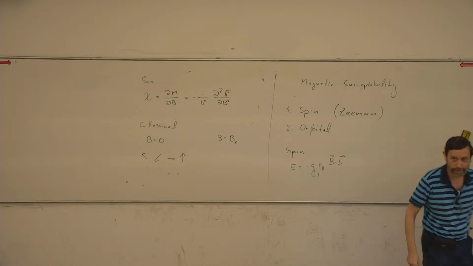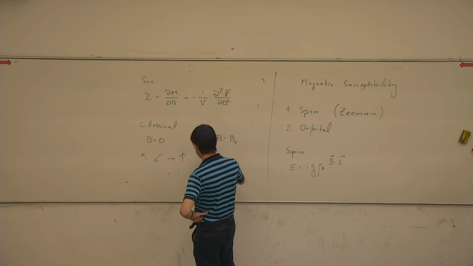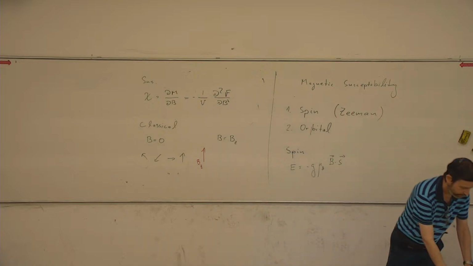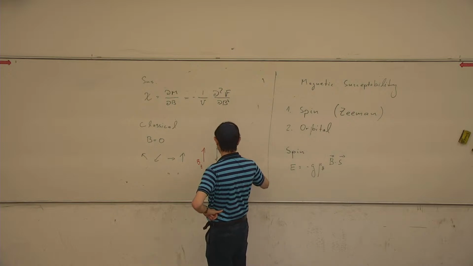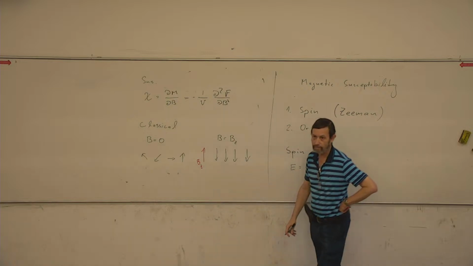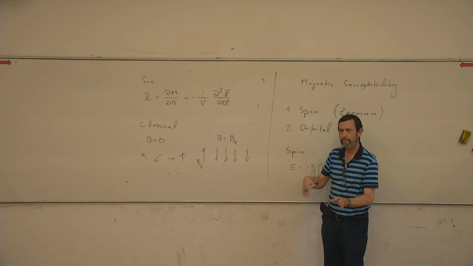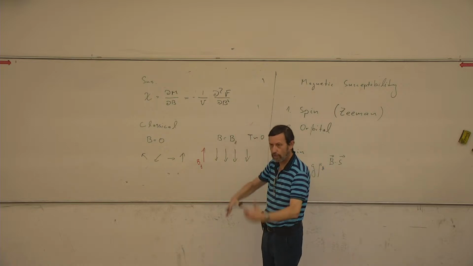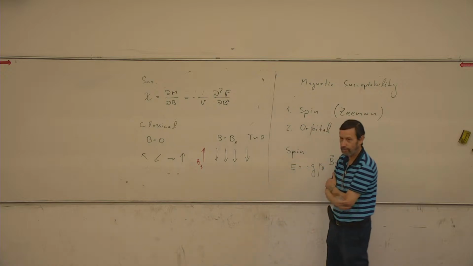Now let's say we put a field B_z in this direction. Well, not exactly temperature, but at low temperature all of them will order in an opposite way, right? Because the energy has to be minimal.